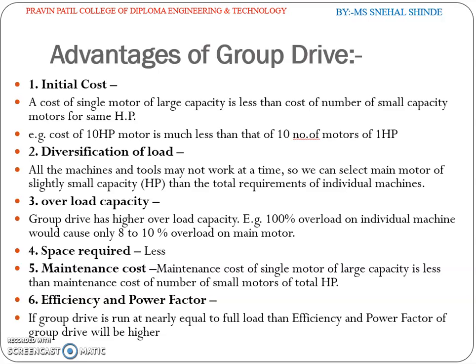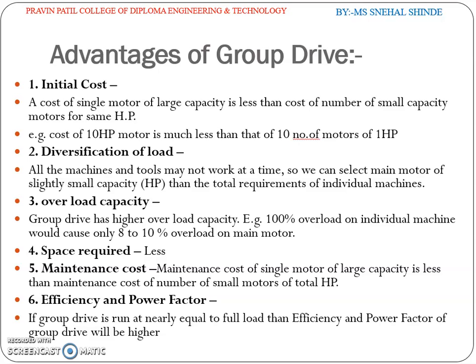Third is the overload capacity. Group drive has higher overload capacity. Example, 100% overload on an individual machine will cause only 8 to 10% overload on the main motor.